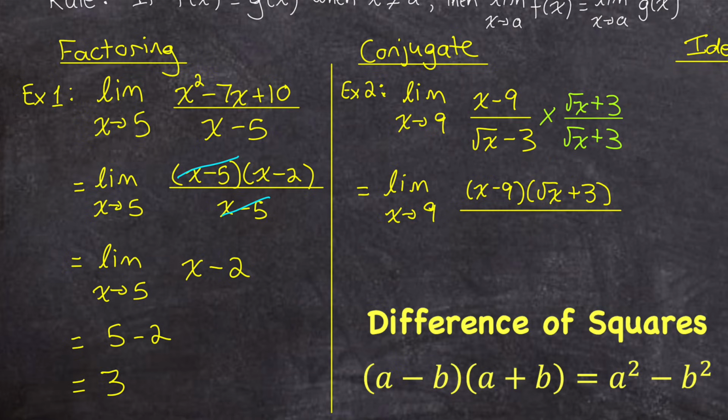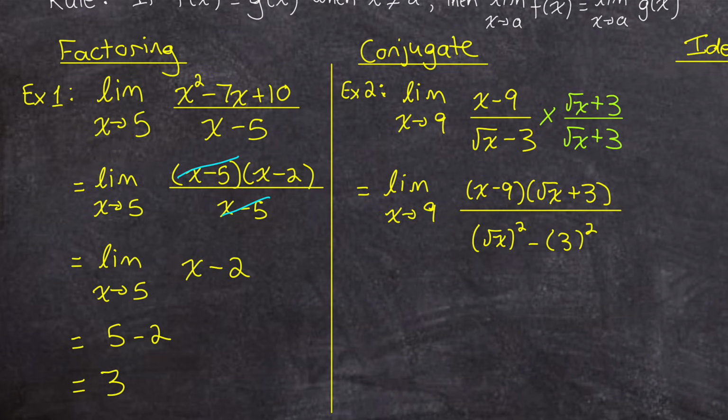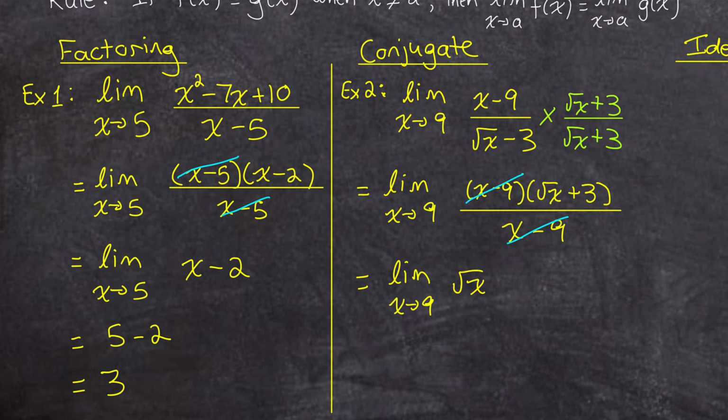So following the difference of squares rule, that would be the square root of x squared minus 3 squared. Root x squared is just x, and 3 squared is 9. And now notice there's a factor of x minus 9 being divided by itself. That's 1, so I can cancel those factors out. And I'm left with finding the limit as x approaches 9 of the function the square root of x plus 3.